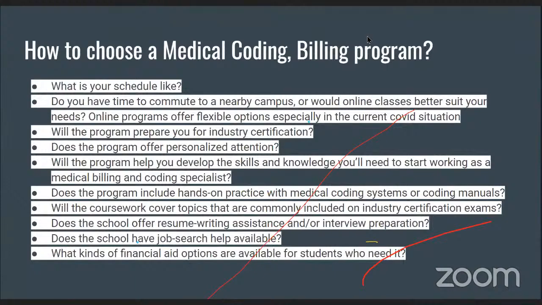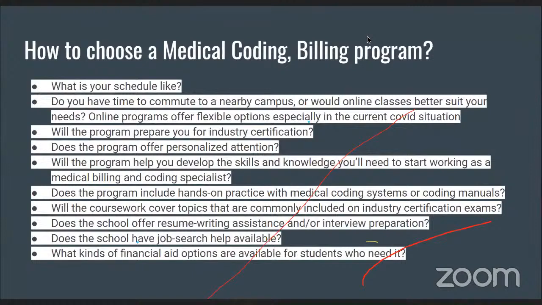If it is an online program, then it gives you flexible options, especially in the current situation. Will the program prepare you for industry certification? Does the program offer personalized attention? Will the program help you develop skills and knowledge that you will need to start working as a medical coder or biller? Does the program include hands-on practice with medical coding systems or computer systems?